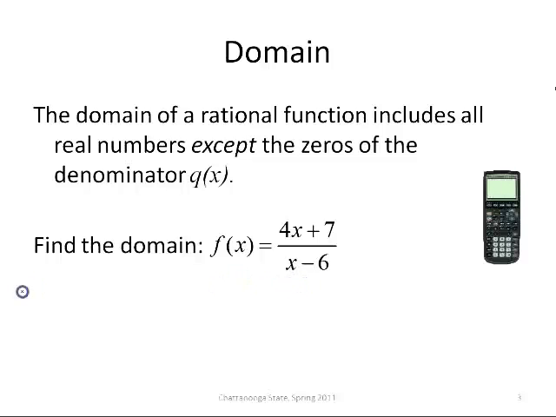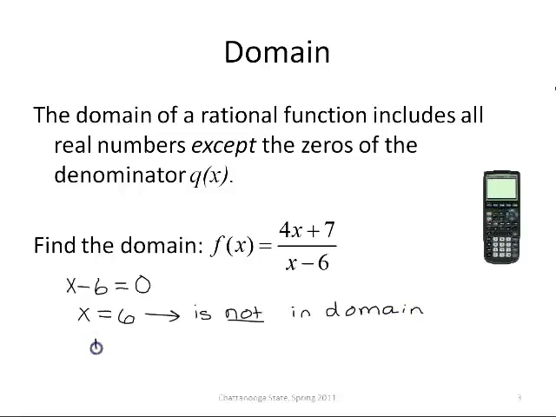To find the domain, we have to find where the denominator equals 0. So in this case, I take x minus 6, set it equal to 0, and solve that by adding 6 to both sides. So x equal to 6 is not in the domain.